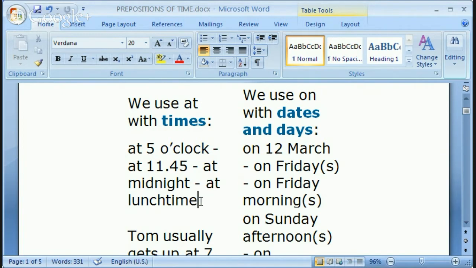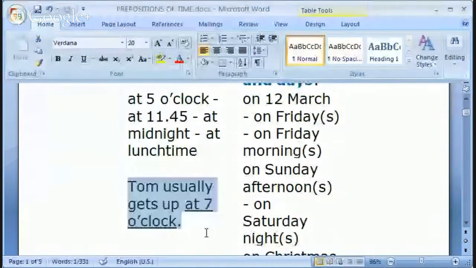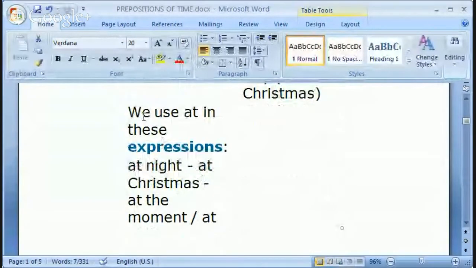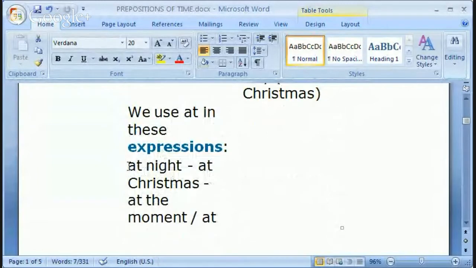Okay, and also in expressions that use the word time, like at lunchtime, when we actually consider time, we use at. All right, in a sentence, Tom usually gets up at 7 o'clock. We also use at in these expressions: at night.